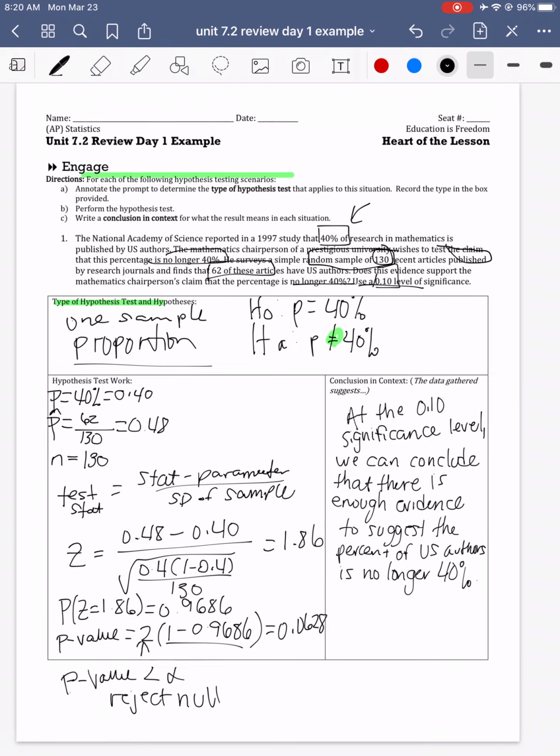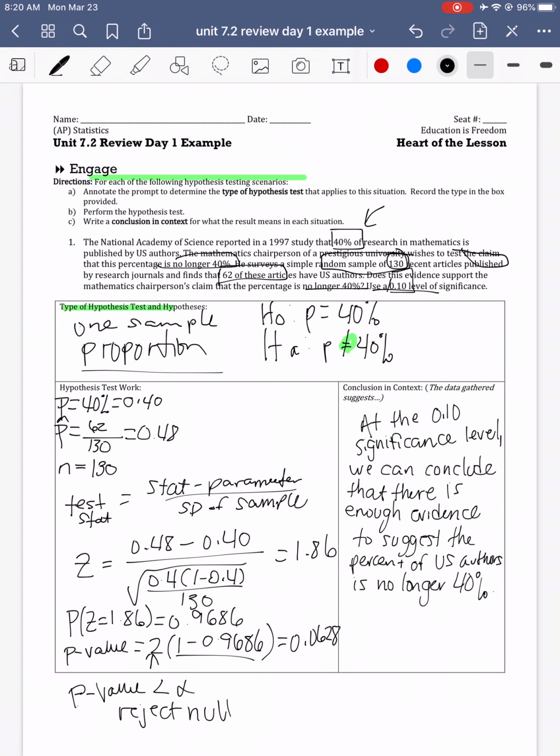Because our null hypothesis was rejected, we've concluded the alternate, and we say that there is enough evidence to suggest the percent of U.S. authors is no longer 40%.